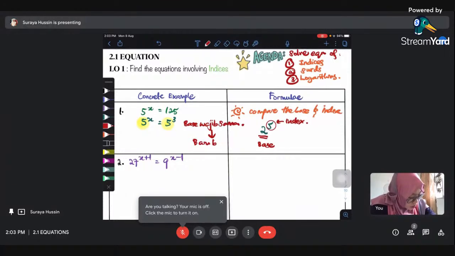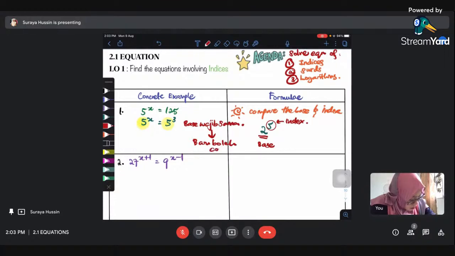So now we can compare it. We can compare the index. Apabila base kita sama, kita bawa turun the index and the answer is straight away x is equals to 3. That's it. As easy as that when you are trying to compare the base and the index.